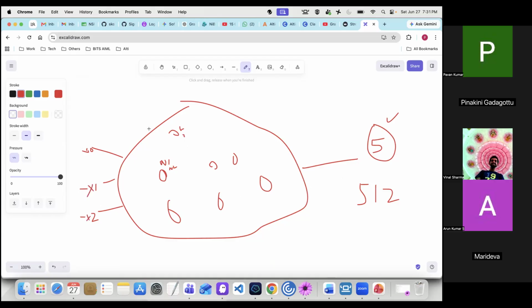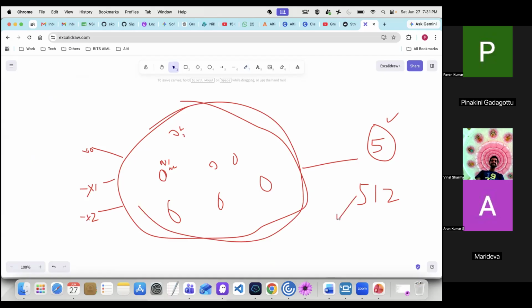you need to tell the deep neural network that whatever your output, 5, is wrong, but the output is actually 512. So how do you tell it?